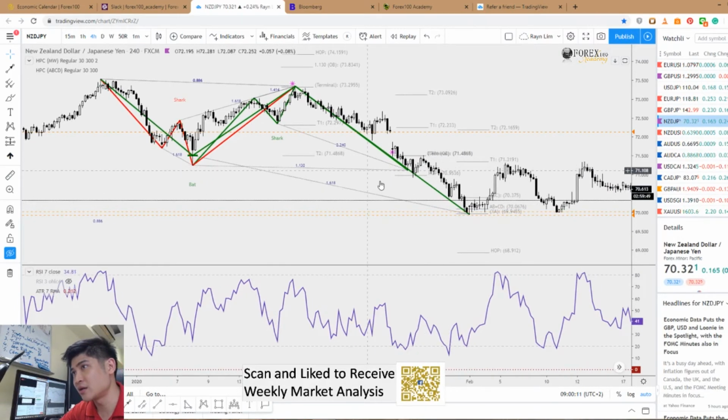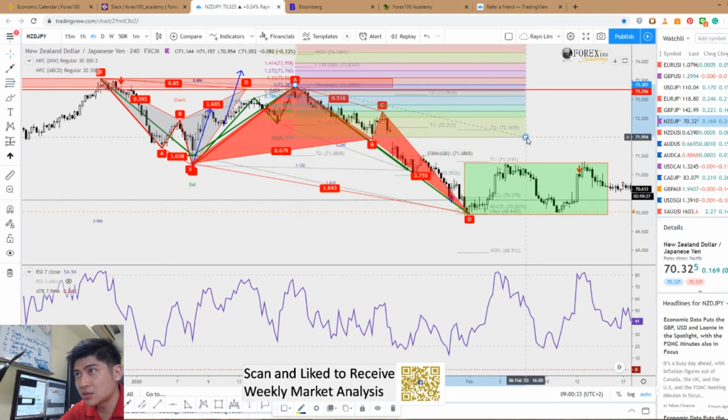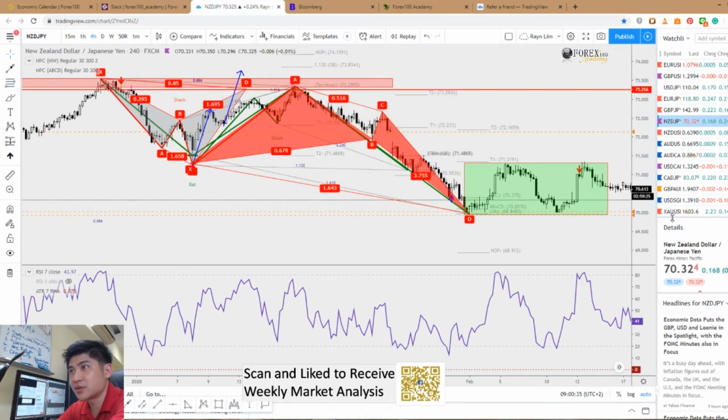Yeah, maybe I can feedback to the programmer. It's really hard to spot what this is over here. Let's see. Draw fibs. I think it spotted a crab as well.